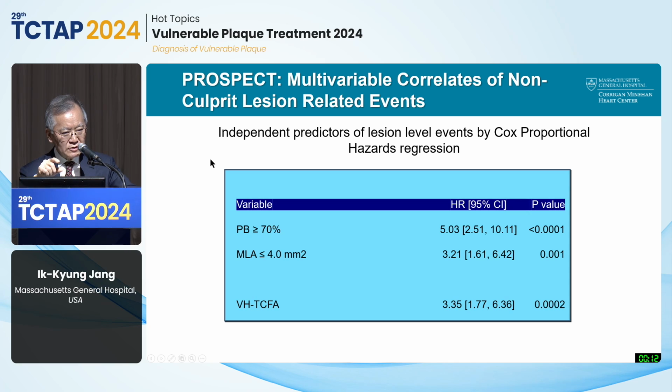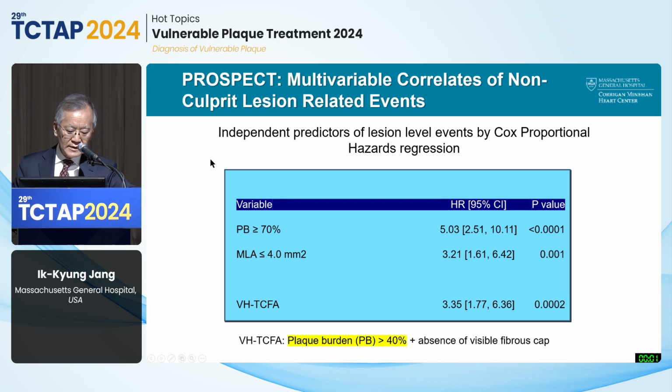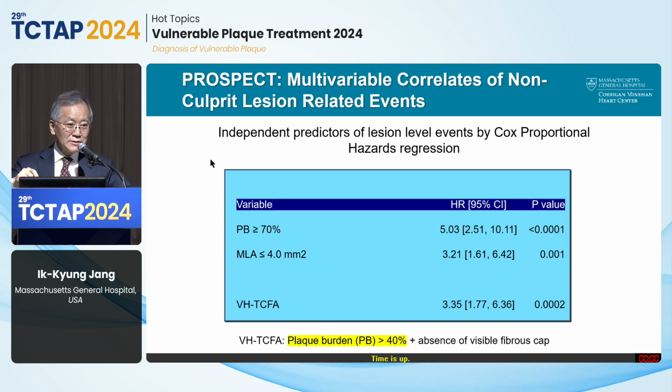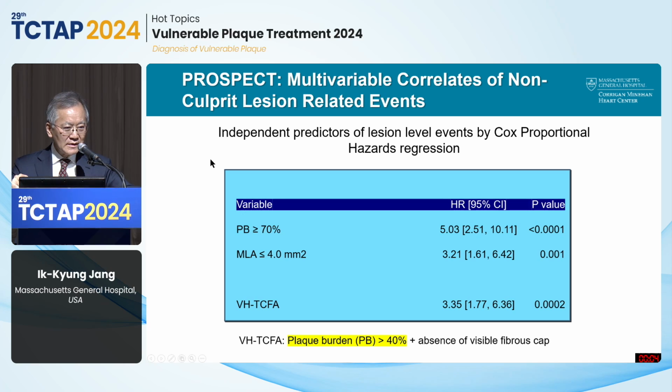So these are related to plaque burden, not plaque phenotype. And third one is VH-TCFA. It is plaque phenotype. However, the definition of VH-TCFA is you have to have plaque burden of more than 40% and invisible fibrous cap. So again, even for VH-TCFA, plaque burden is an important component.